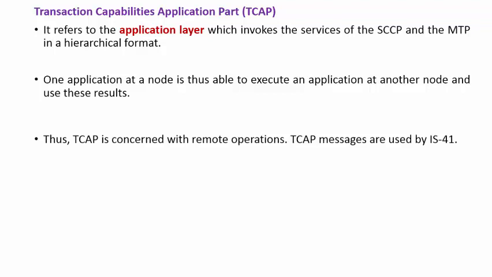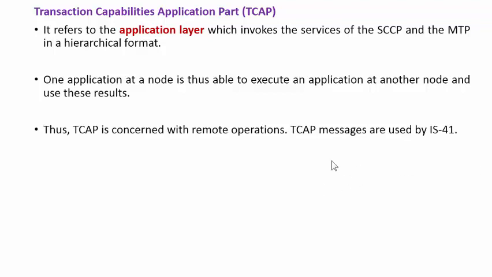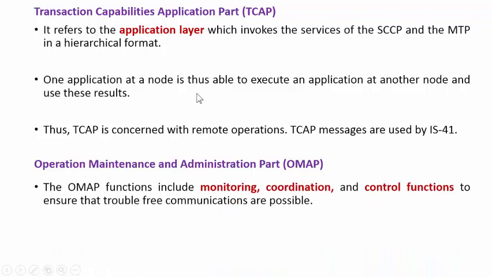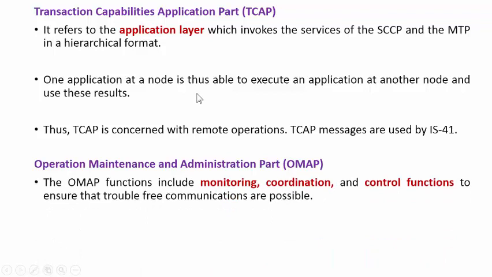Here one application at a node is thus able to execute an application at another node and use the results. Thus TCAP is concerned with remote operation. These TCAP messages are used by the IS-41 standard.